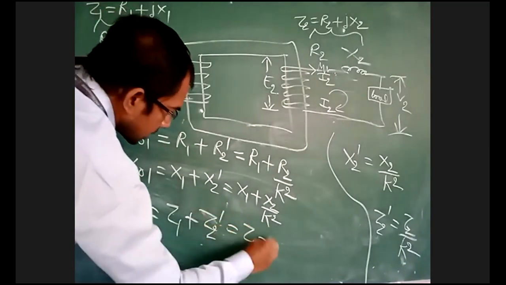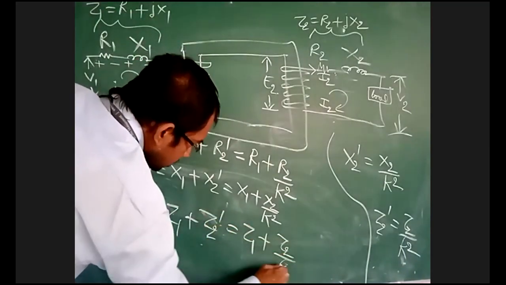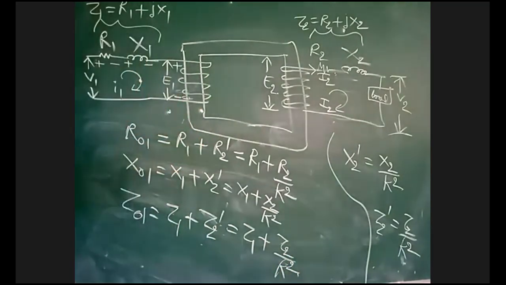That is equal to Z1 plus Z2 by K square. So instead of representing the secondary winding, I am representing the two windings in the primary winding. We are converting the secondary winding also in terms of primary winding. Okay. This is the equivalent resistance R01.